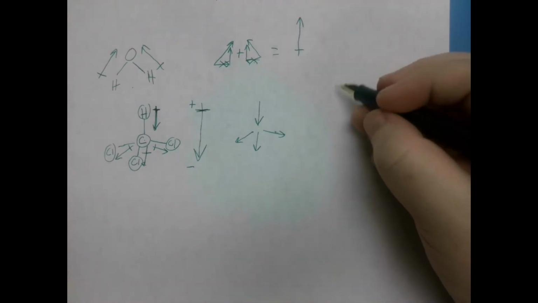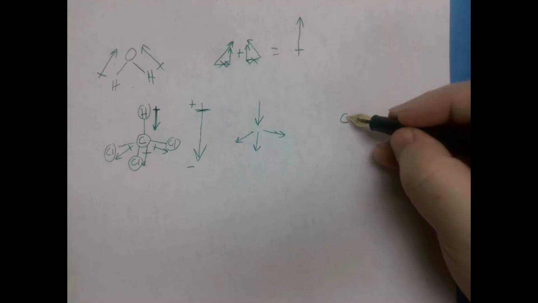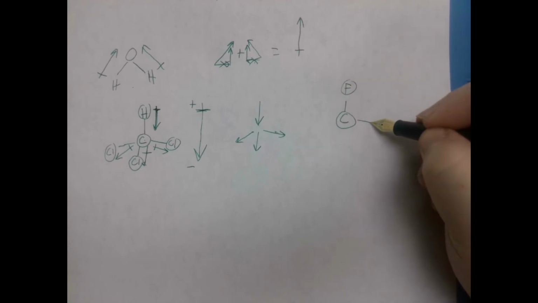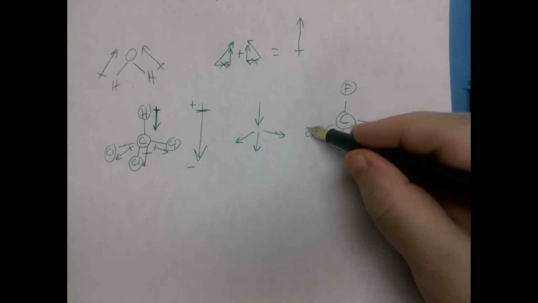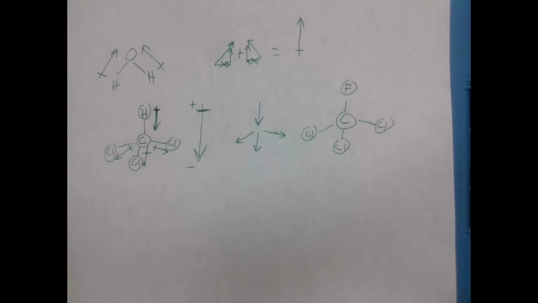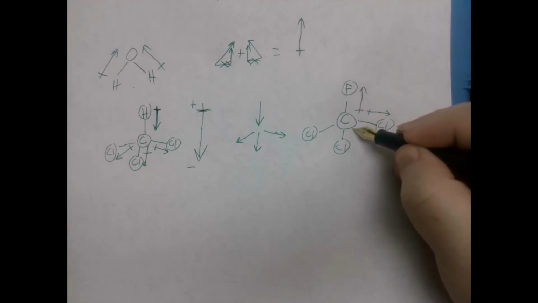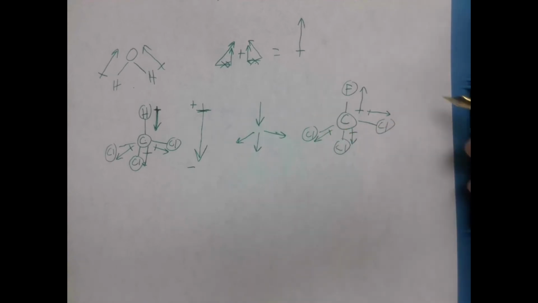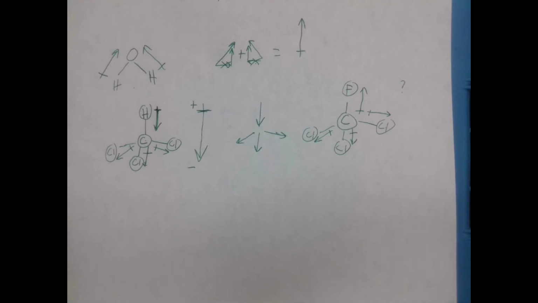Let's say that I had, for example, I'm just going to make something up. Actually, this is probably more realistic. Let's say I have a fluorine, a chlorine, a chlorine, and a chlorine. Here, the arrows point up, right, down, and left. And this one is very questionable whether it's polar or nonpolar.